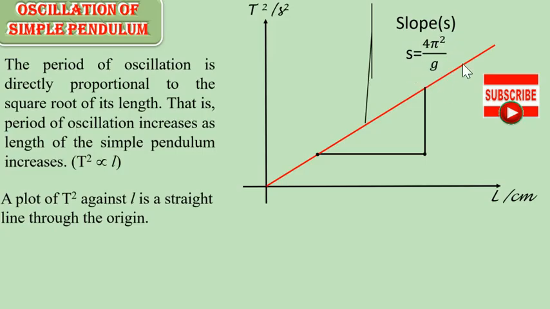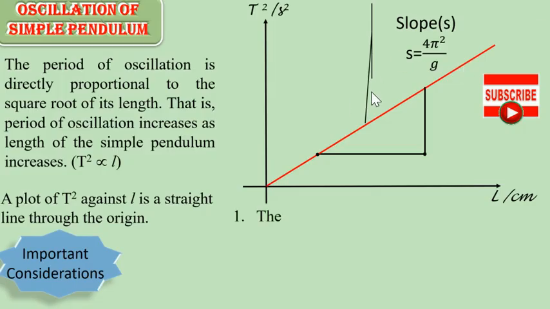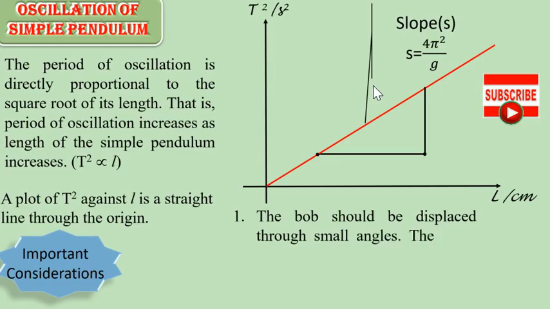Now, having obtained the slope equal to 4 pi squared over g, what are the considerations we need to look at when we are handling this experiment in the laboratory, or calculations in the class, or as homework? Number one consideration is that the bulb should be displaced through small angles, as I said before.